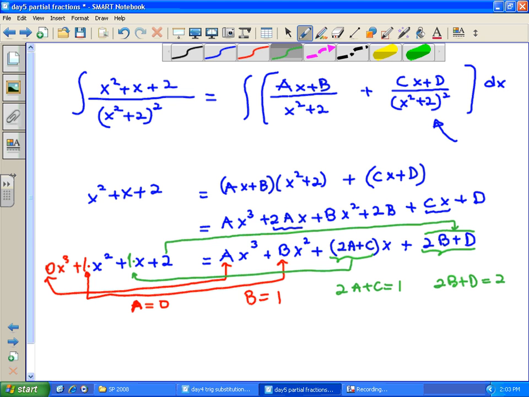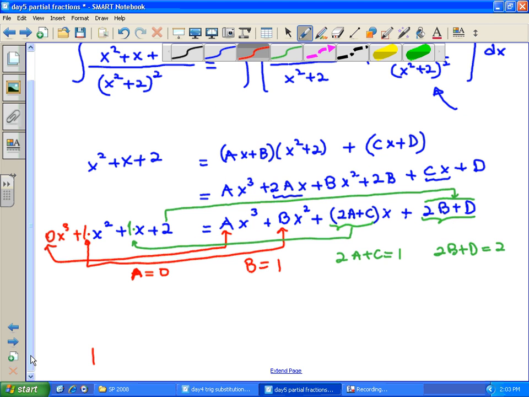Okay, since a is 0, we automatically get c is equal to 1. And since b is 1, what do we get about d? Since b is 1, what is d? 0, right? 2 plus d is 2, so d is 2 minus 2, or 0.